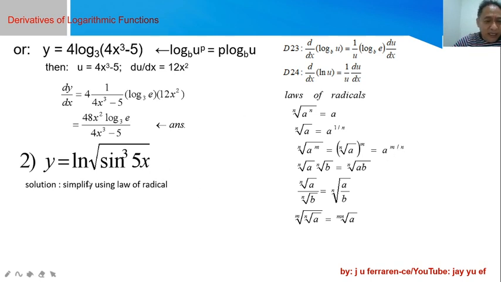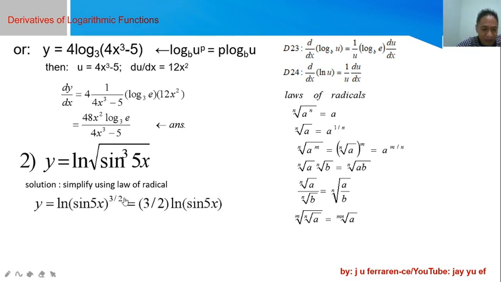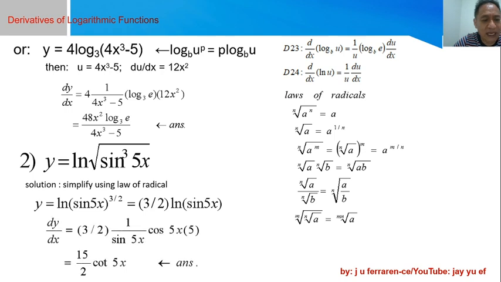So that would mean that we have ln of sine to the 3 halves. So if 3 halves is a power, then the power can also be taken as a factor according to the property of logarithm. So we can now proceed to the derivative. We take the derivative of the product of 3 halves ln of sine of 5x.